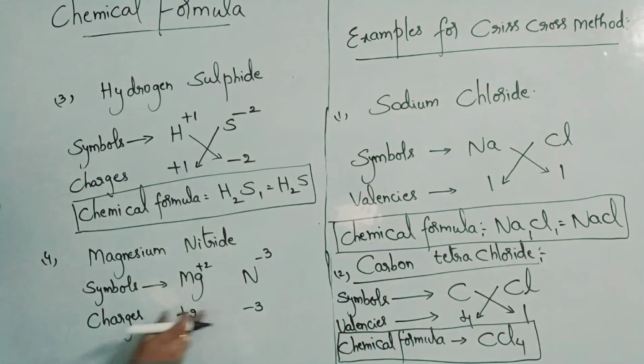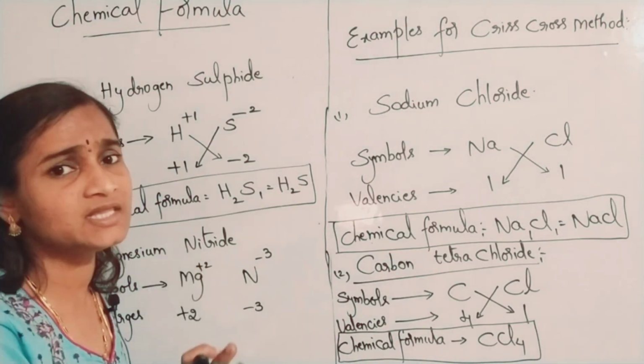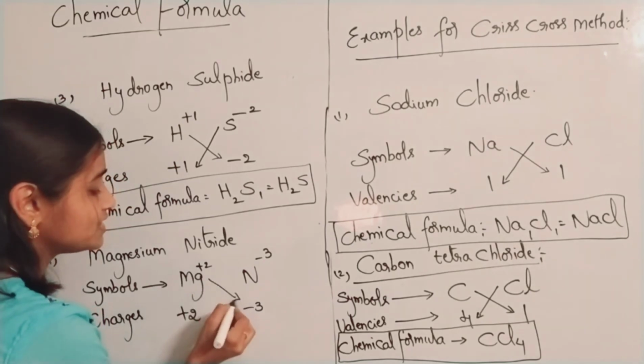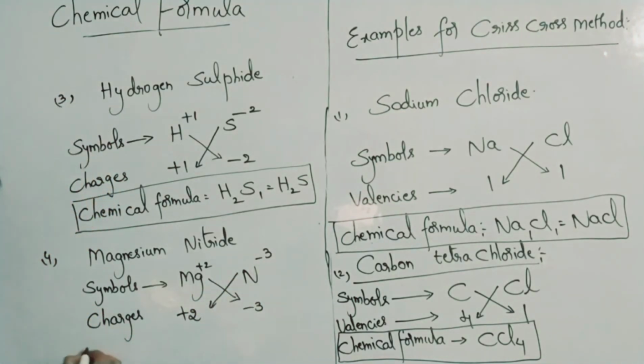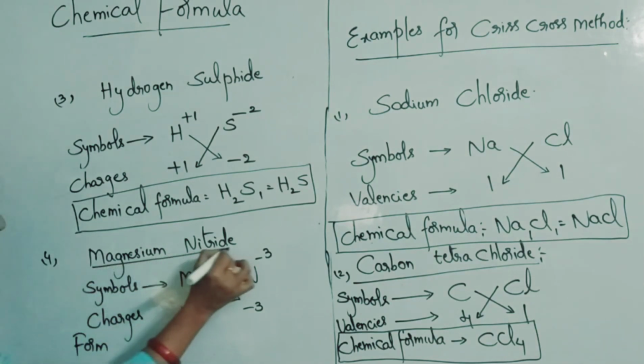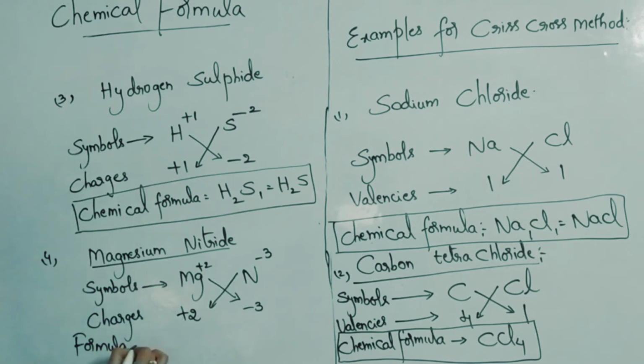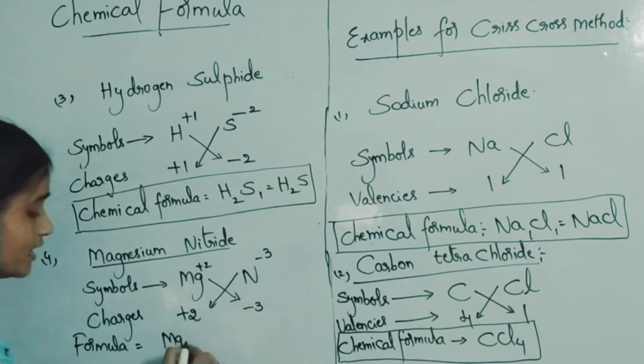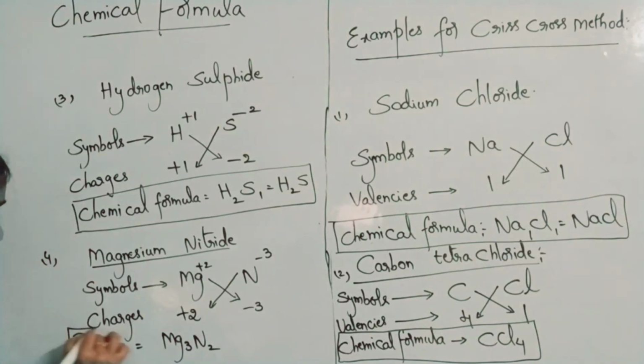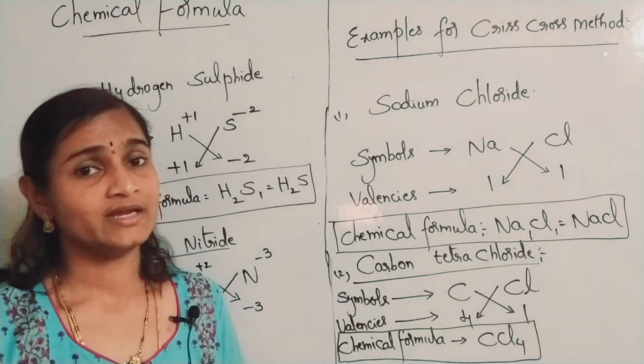We don't have anything to do with the plus or minus sign. Just cross over the valencies. Then what is the formula for magnesium nitride? Mg gets 3 and N gets 2: Mg3N2 is the formula for magnesium nitride.